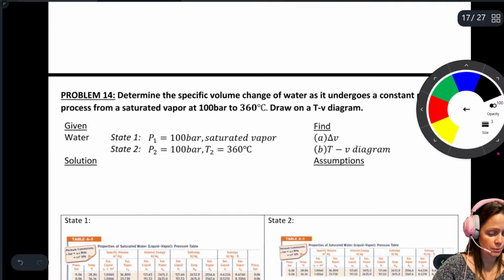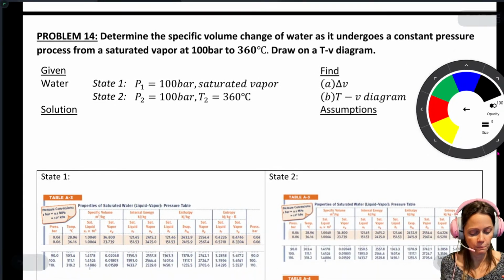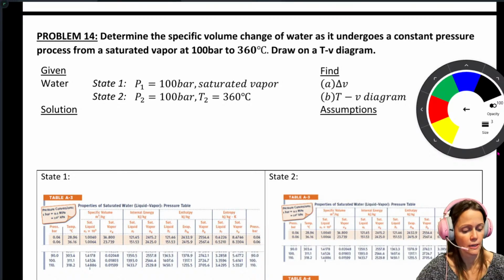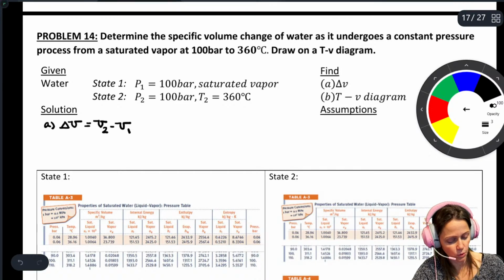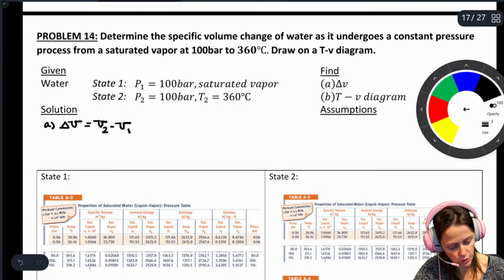And then I also want to put it on a TV diagram. So first things first, got to define what our governing equation is for A, which is pretty simple. That's just going to be what it is after minus what it is before. So I need to fix each of those states.